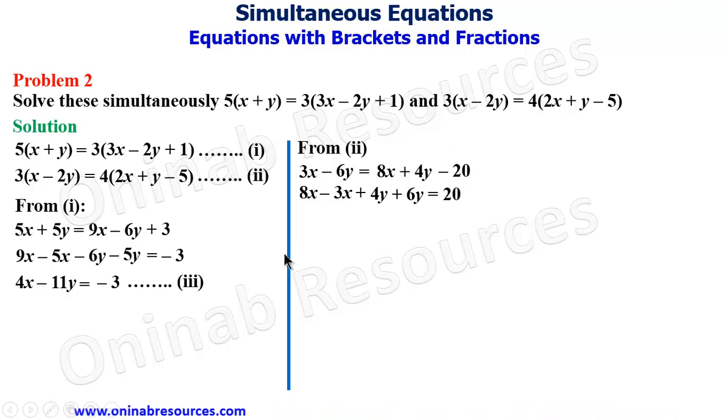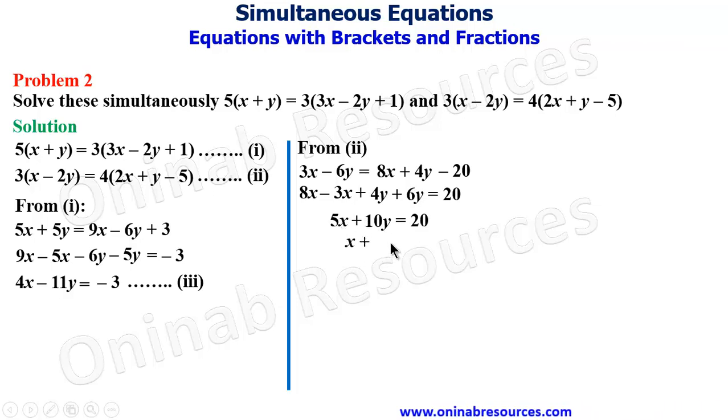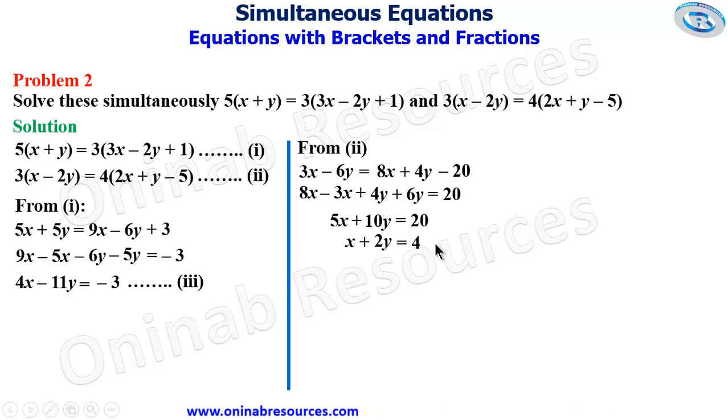So what we did here is the same we are doing here. This is going to give us 5x + 10y = 20. I can divide through by 5, so I have x + 2y = 4, dividing each term by 5. So we call this one equation 4. Then we look at equations 3 and 4.